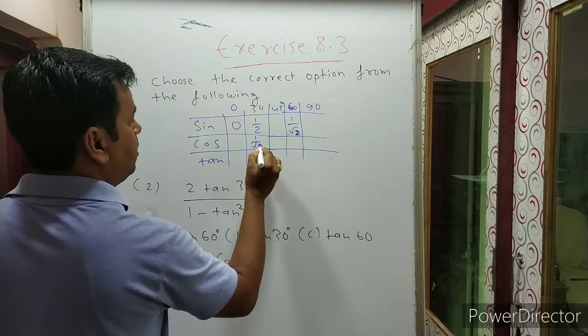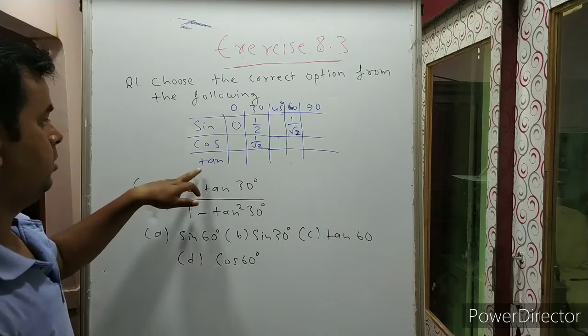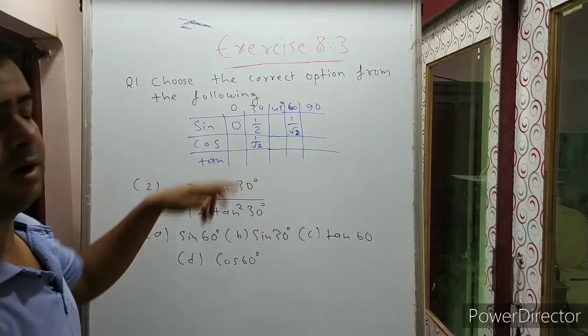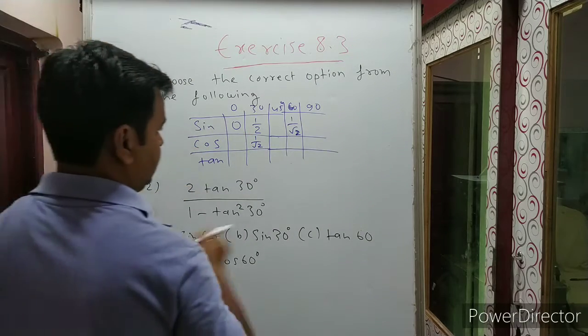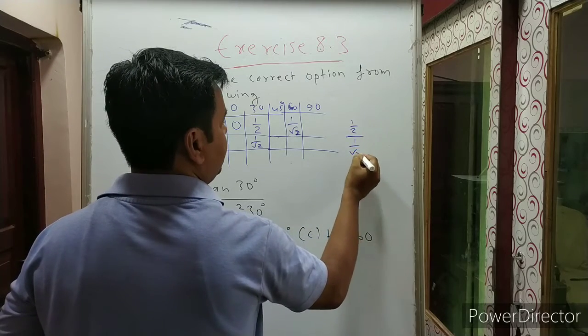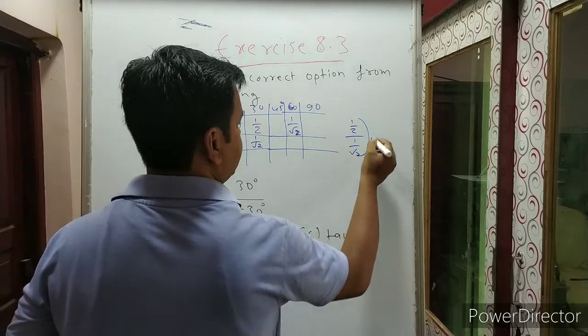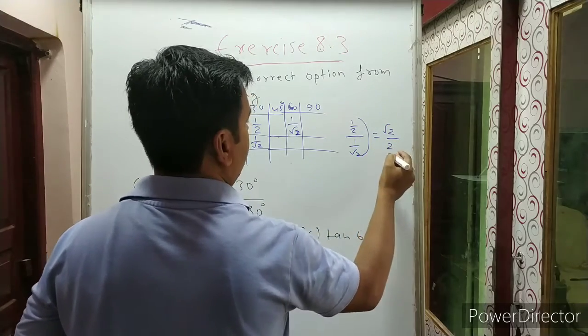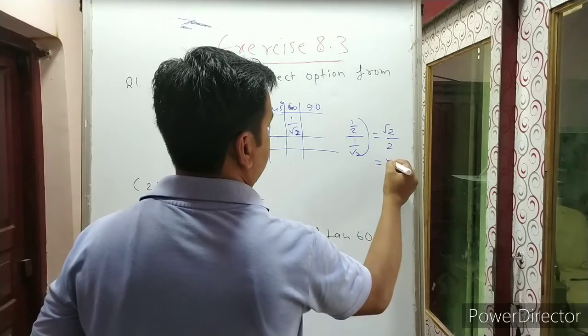So the value of tan 30 should be 1 upon root 2 upon 1 upon root 2, which means this will be multiplied by this. So root 2 upon 2, or we can say root 2.